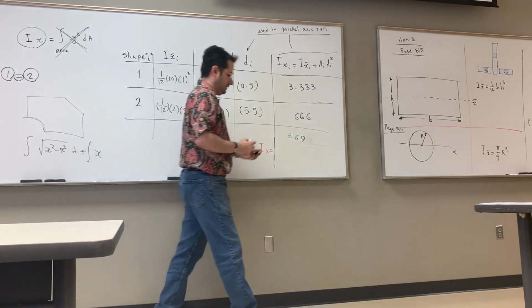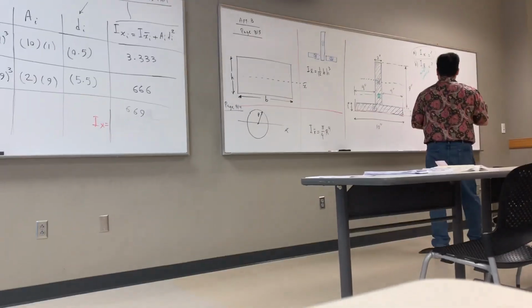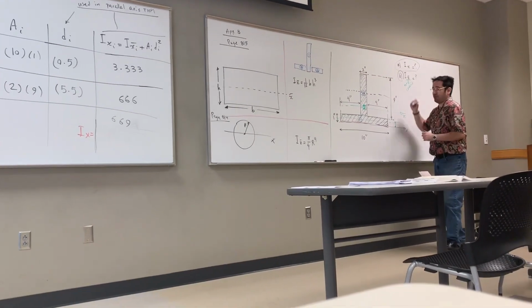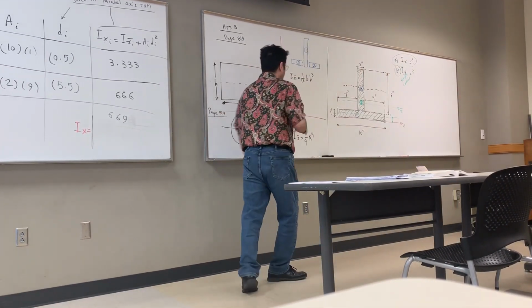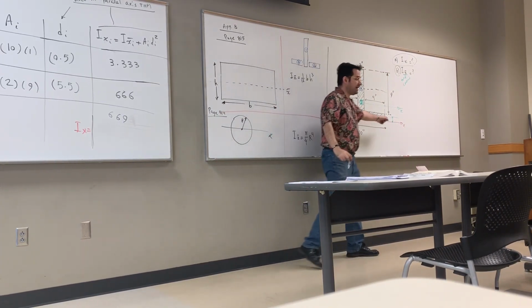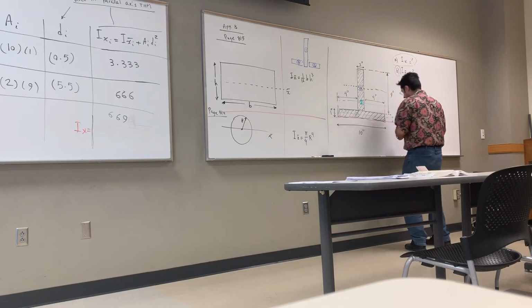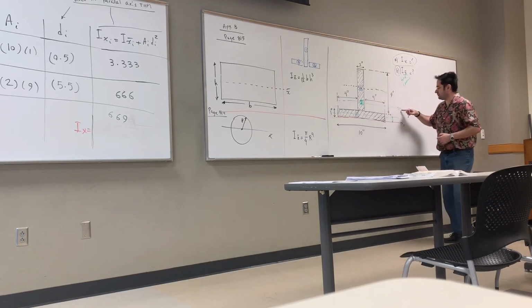Now, if you look at the question here, if you have a part B, it says find the moment of inertia for this shape, but not with respect to x, but with respect to this axis that goes through the centroid, x bar.